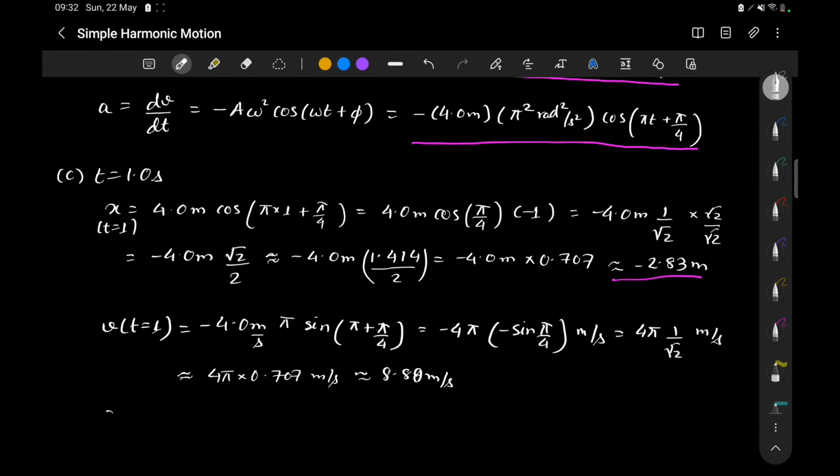Then we have acceleration at t equal to 1. Again, cos pi plus pi by 4 is minus cos pi by 4.